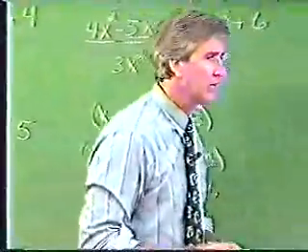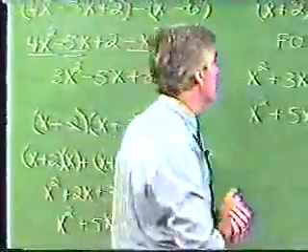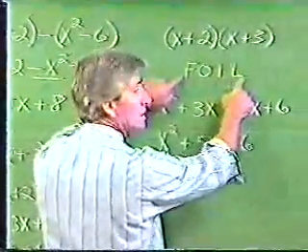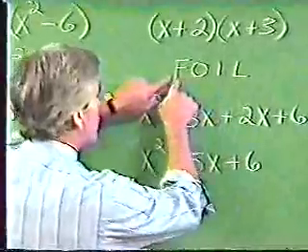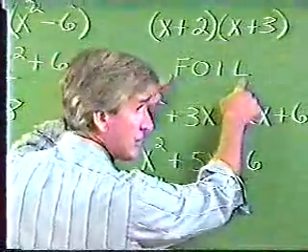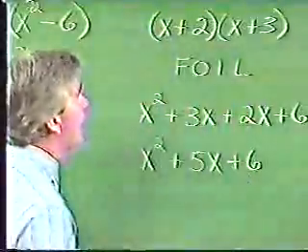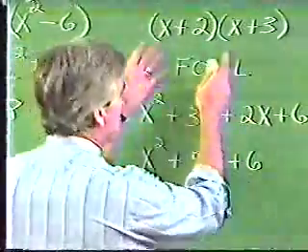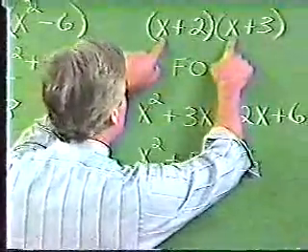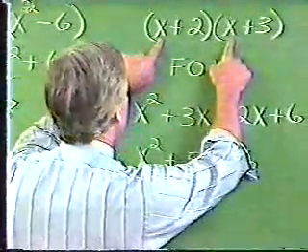Another pattern that may be a little more familiar to you is the FOIL method, F-O-I-L, standing for the first terms, the outer terms, the inner terms, and the last terms that are involved in the binomials. Now, this pattern works for binomials, and it's designed for binomials that really are of the same degree.